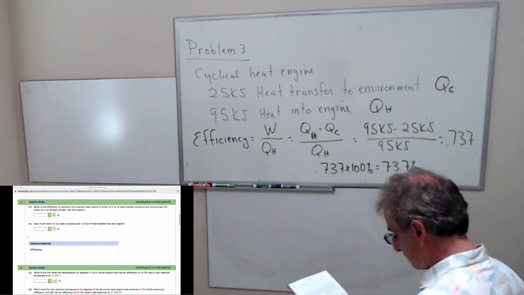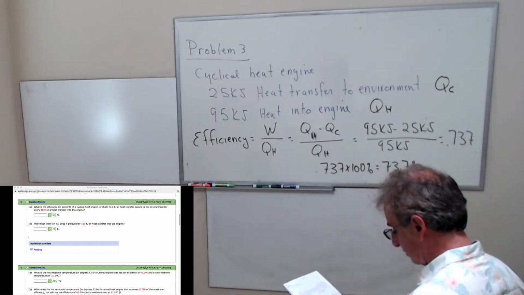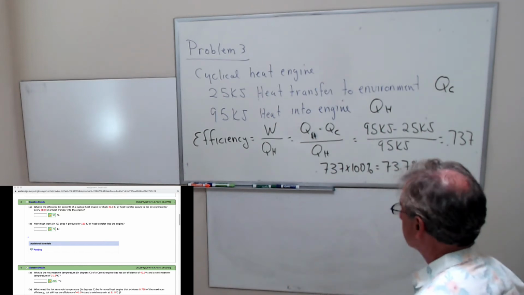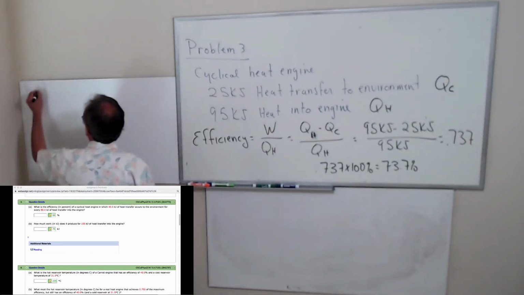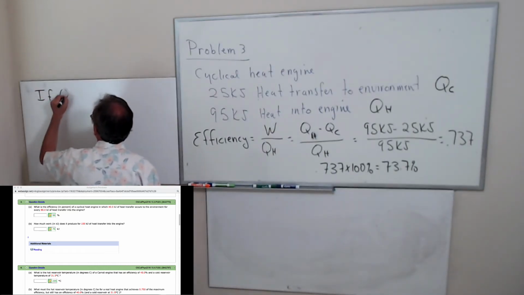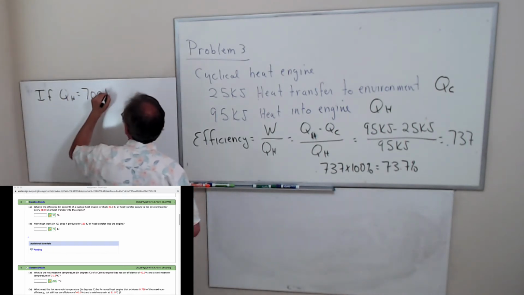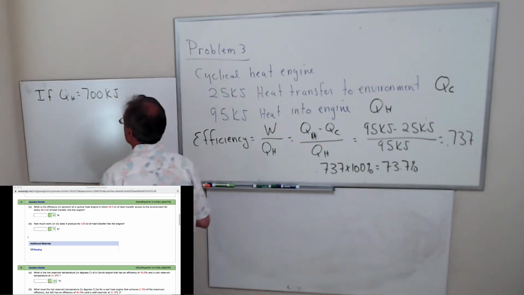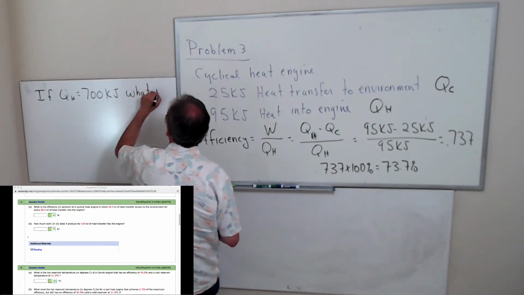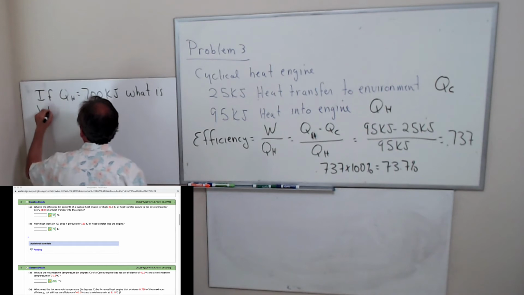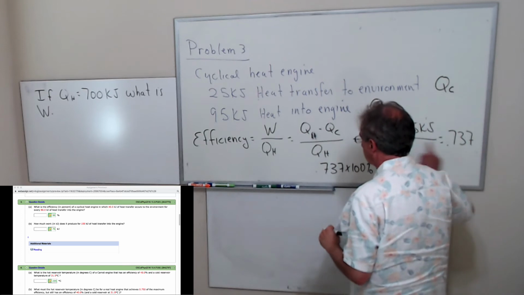Okay? So the next question is, how much work does it produce when you put in 700 kilojoules of heat? So it says, if Q hot is 700 kilojoules, and again, I'm using my numbers, you're going to have different numbers, right? If I put in 700 kilojoules, what is W? Well, I know my efficiency. I know Q hot.